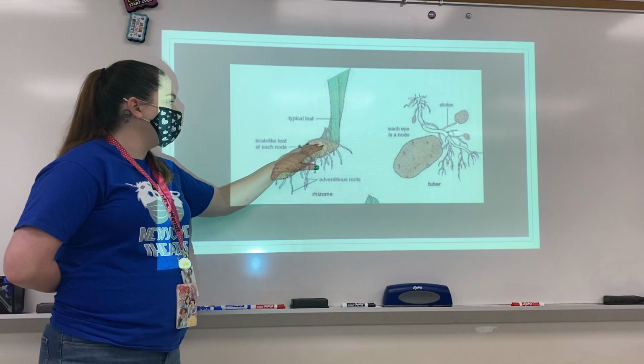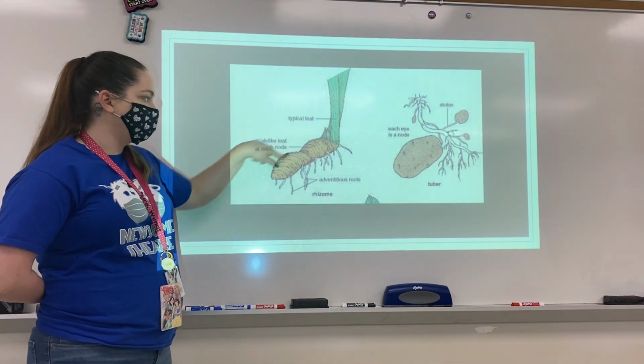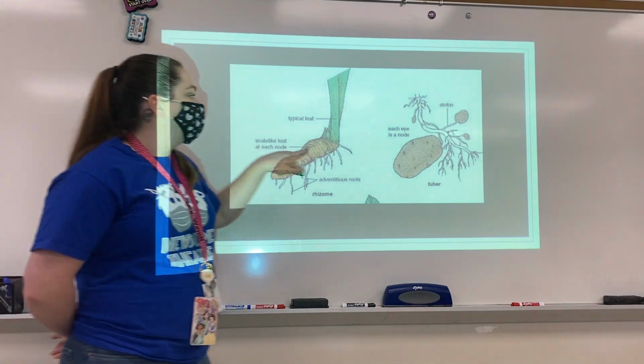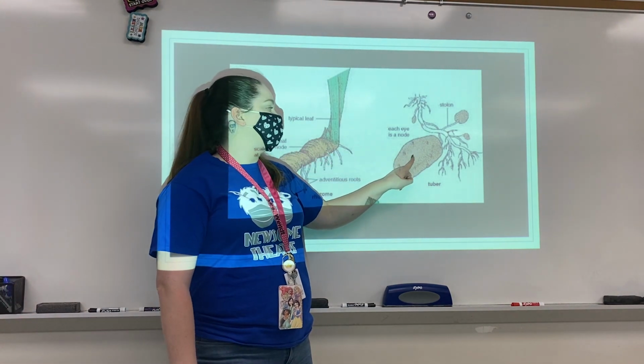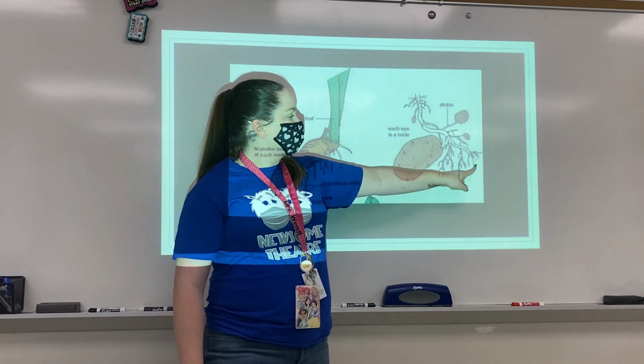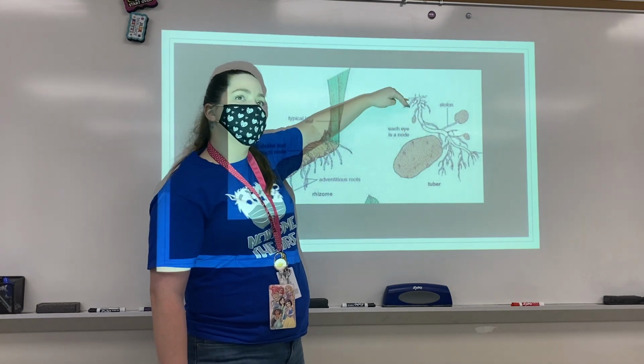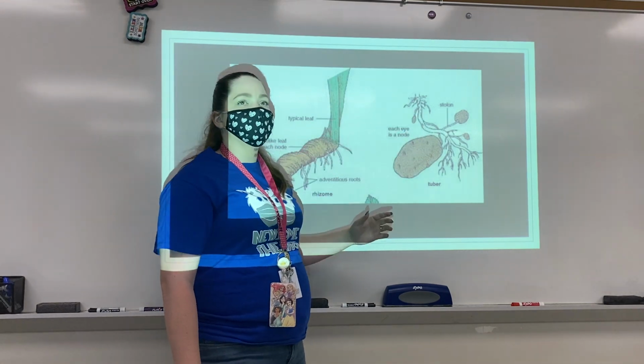This is your rhizome type of stem. So these are the roots, but this thing is the stem. And then a potato is an example of a tuber stem. Again, these are the roots, but this long part where the potatoes are going to branch off from, that's just a modified stem.